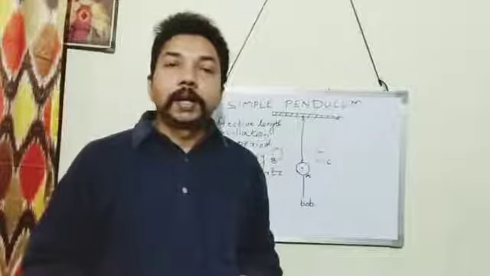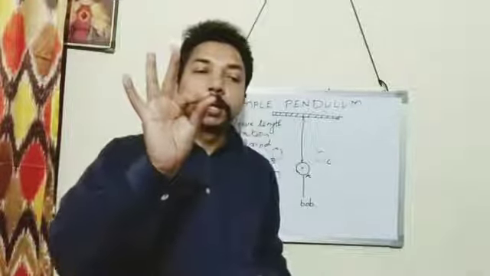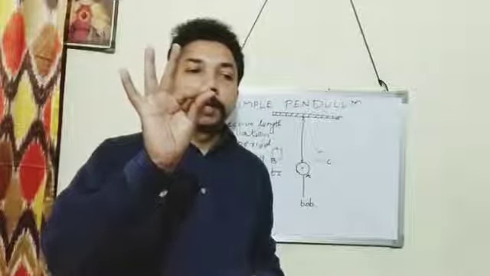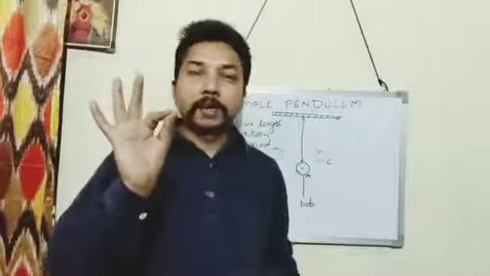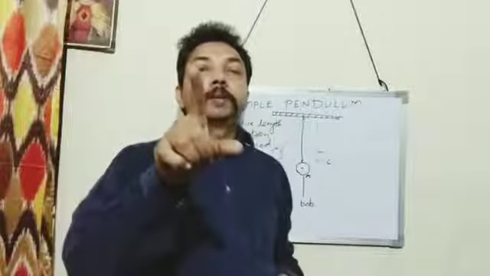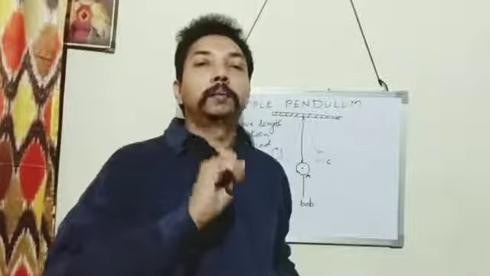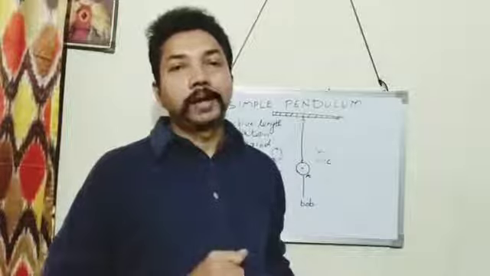What is the time period? For 10 oscillations, 11 seconds are taken. So the time period is 11 upon 10, equal to 1.1 seconds.